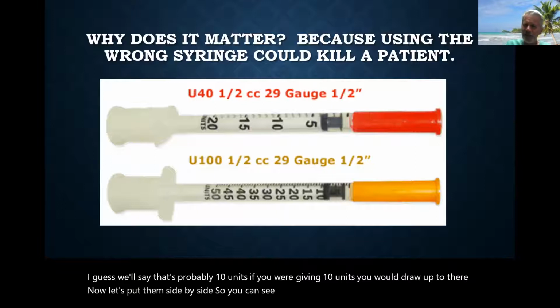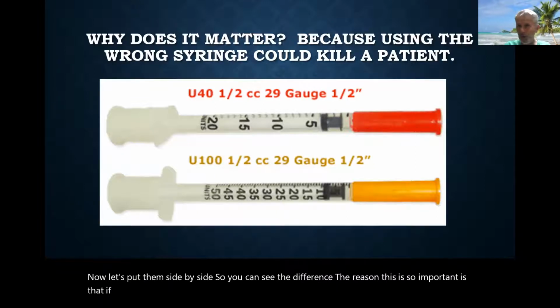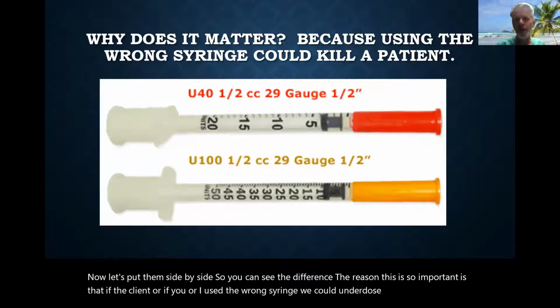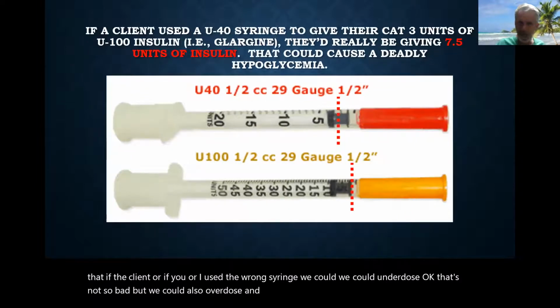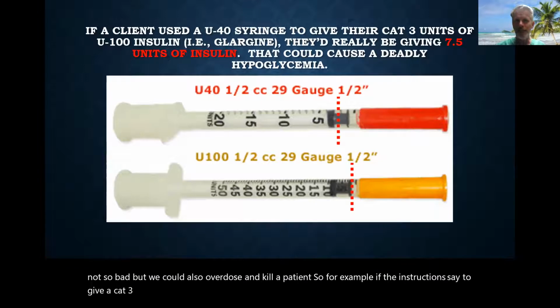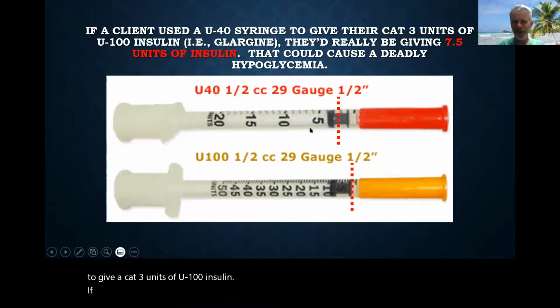The reason this is so important is that if the client, or if you or I, use the wrong syringe, we could underdose. Okay, that's not so bad, but we could also overdose and kill a patient. So for example, if the instructions say to give a cat 3 units of U100 insulin, and they accidentally used a U40 syringe, right?